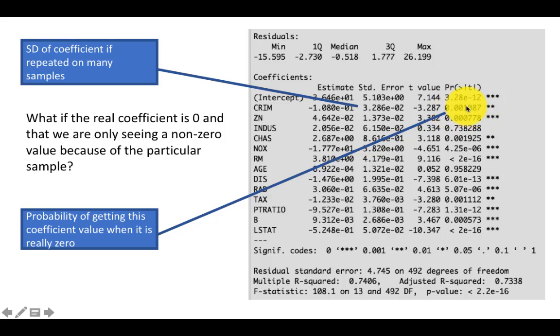So it's very likely that this coefficient is actually different from 0. This is giving us some confidence that CRIM actually has an effect on MEDV, the target attribute. It's not something spurious happening because of the sample, but it's extremely likely that it really has an effect. That's what this last column is telling us.